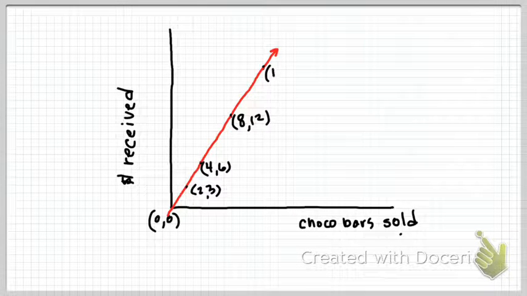Honestly, if you looked at this, technically I put an arrow right here, because that suggests infinity, that this line would continue on and on and on. And it would, because with this proportional relationship, we have $1.50 per candy bar, so this would continue in a straight line forever and ever.